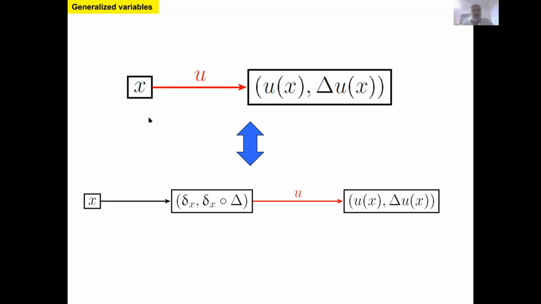So for instance, the following diagram where u is mapping x to u of x and its Laplacian at x should be unpacked as the following one, where x is first mapped to the vector whose entries are Dirac at x and a Dirac at x composed with a Laplacian, and then that vector is mapped via duality pairing to the vector whose entries are u of x and delta of u of x. This generalization is relevant to PDE applications, which I will cover later.